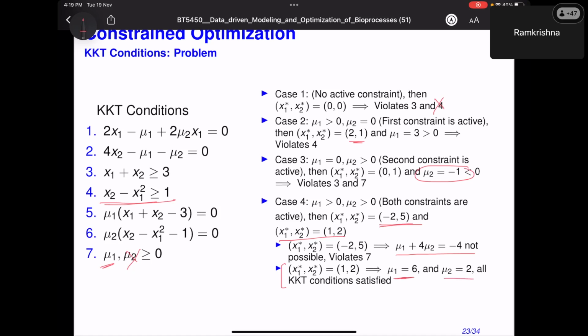So two things are happening here, right? Mu1 is 6, so condition number 7 is satisfied. For x1 star, x2 star, this is also satisfied because x1 plus x2 equal to 3. Look at this carefully: I am now replacing this greater than with a strict equal to here. And for the same point 1 comma 2, x2 minus x1 square is also now equal to 1.